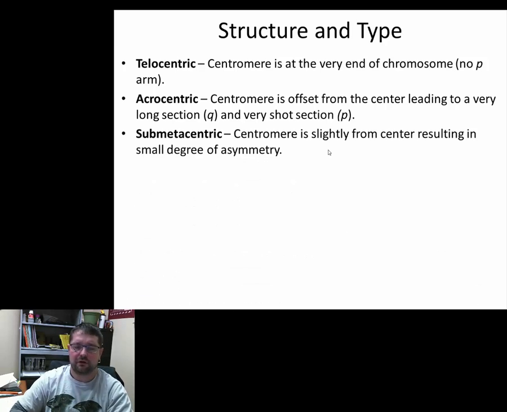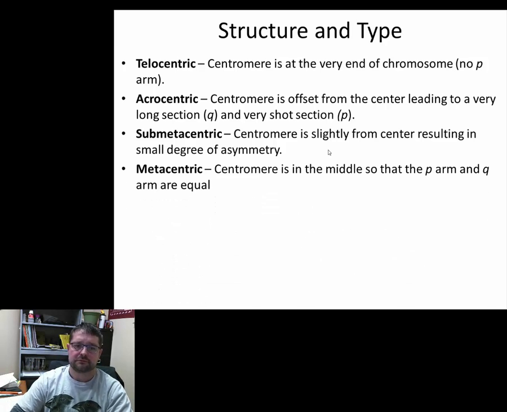I'll show you a diagram of it in just a second. Submetacentric just means that it's off center a little bit, so slightly asymmetric. And so there's a P zone that might be a little shorter than the Q zone, or vice versa. And the metacentric means that the centromere is nearly perfectly in the middle, and the P arm and the Q arm are as close to equal as possible.